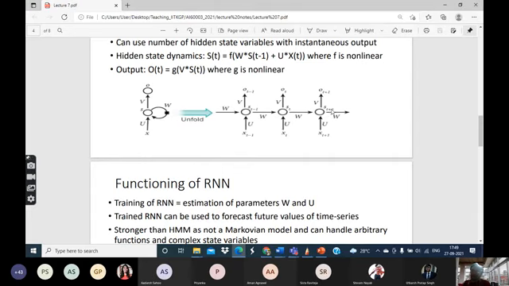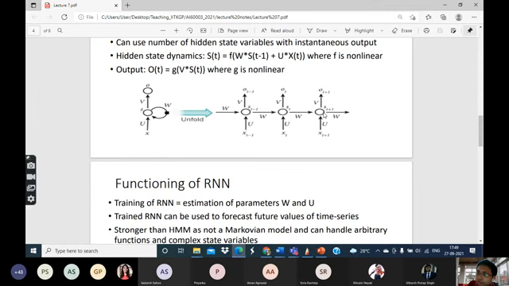So you have to calculate some derivatives, and you have to multiply those derivatives with the values at the different time points. Now, if this time series is very long, say t equal to 100 or t equal to 1000, you will have to keep on multiplying those gradients with respect to any given time point.